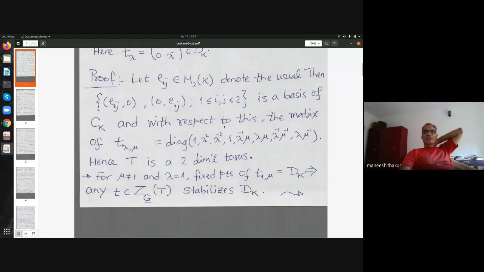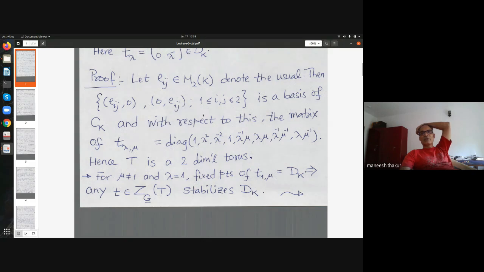And with respect to this basis, actually we did computation of those root spaces for SL2 or whatever. There, using the same kind of calculations, you can see that T lambda mu will have a diagonal matrix. So you're ordering the basis as E110, E120, E210, E220, and then you take up the 0, E11, 0, E12, and so on.